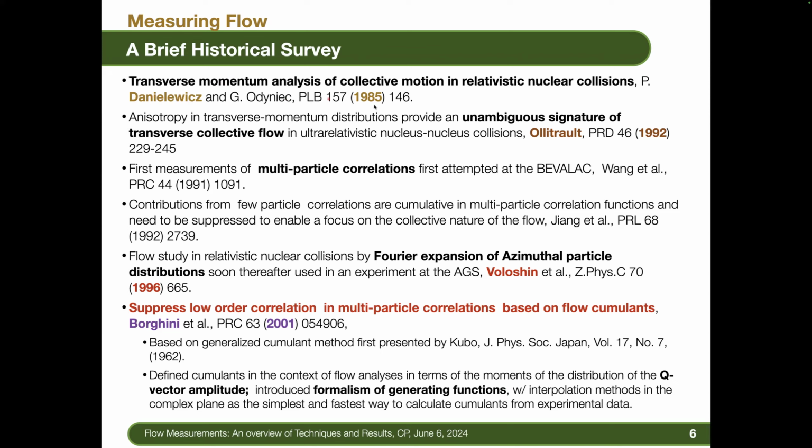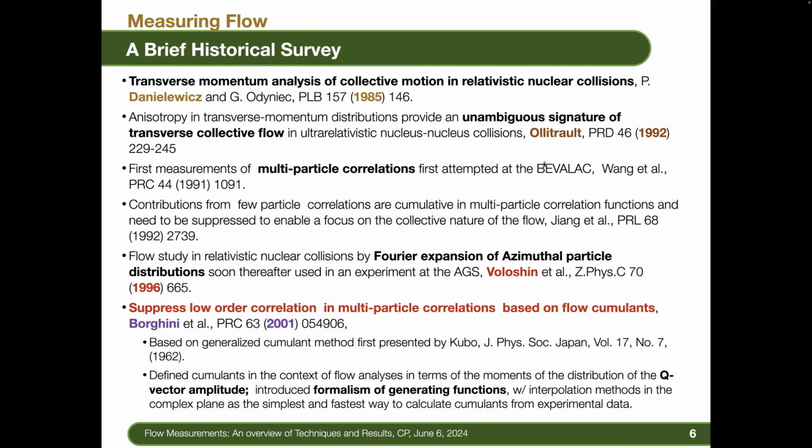And then Ollitrault later realized that this anisotropy was an unambiguous indication of transverse collective flow. Beyond that, there were measurements of particle correlations also at the Bevalac, and eventually at the AGS, at the SPS, and so on.